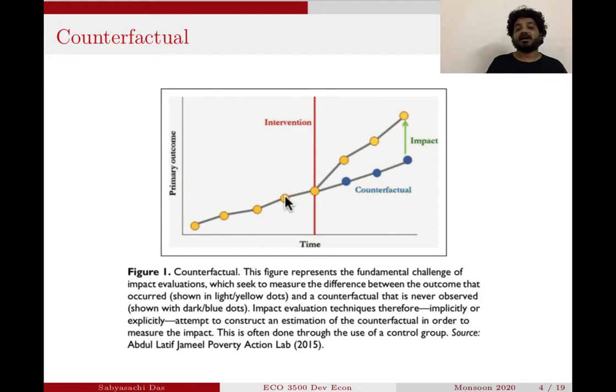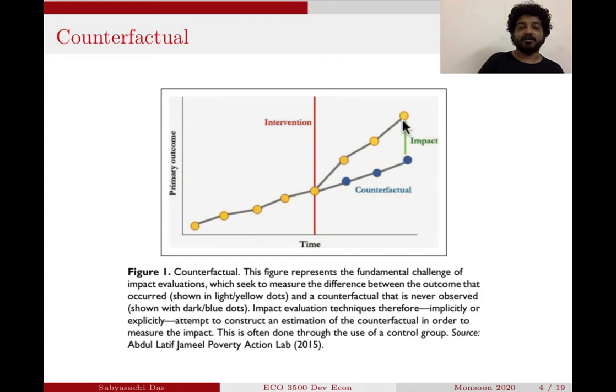In order to answer that question, you would have to form a counterfactual: if there was no savings bank account given out at this point in time, how would this variable have moved? If by some method you say that this is what the savings would have been in the absence of any bank account access, then my estimated impact after, say, 3 months is this green vertical line.